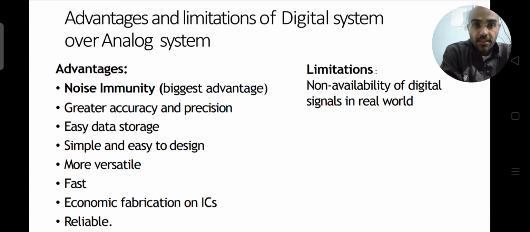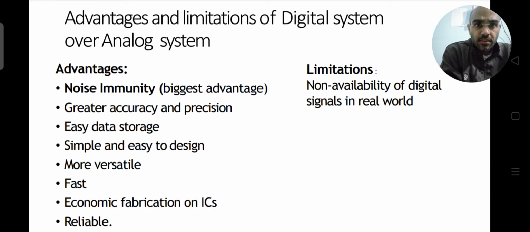This is the biggest advantage of using digital systems. That is, they provide very high noise immunity. Apart from that, other advantages are that digital systems can be designed with greater accuracy and precision.